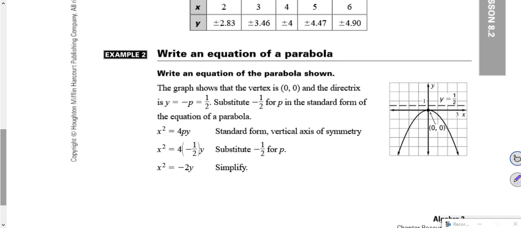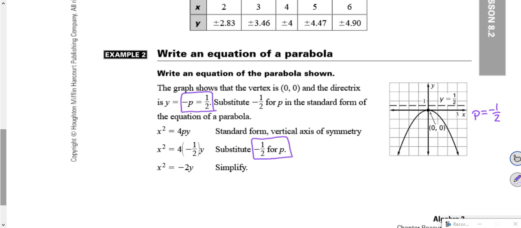So that makes your p negative 1/2. That's the first thing that would jump out at me. We substitute negative 1/2 for p. And again, they set up here negative p is positive 1/2, so positive p is negative 1/2.